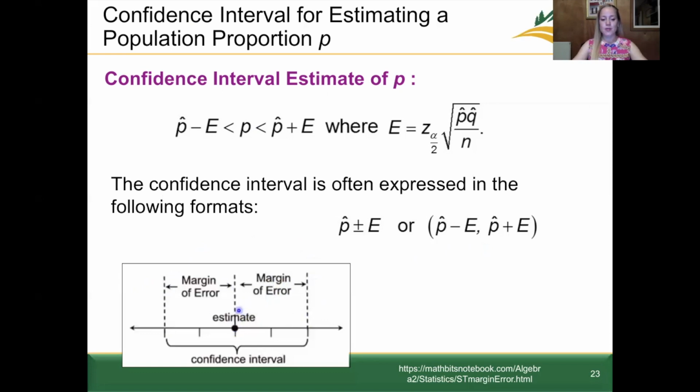In this visual, the estimate is the p hat value. Then we subtract our margin of error, E, and we add our margin of error, E. This whole confidence interval spans this entire width.